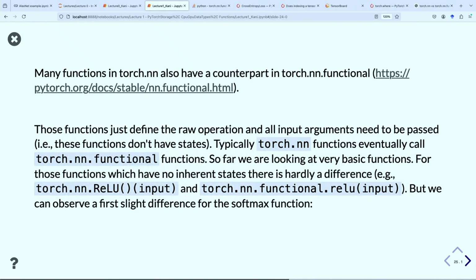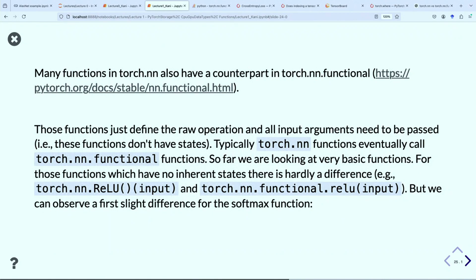The only difference is that the torch.nn library has no inherent state. The torch.functional library has inherent states.